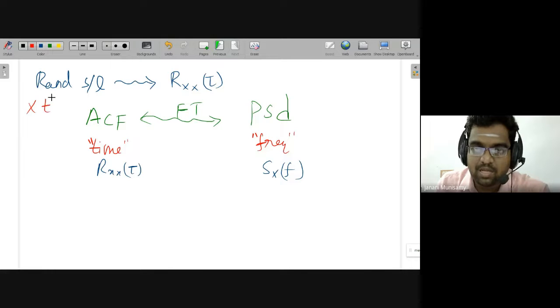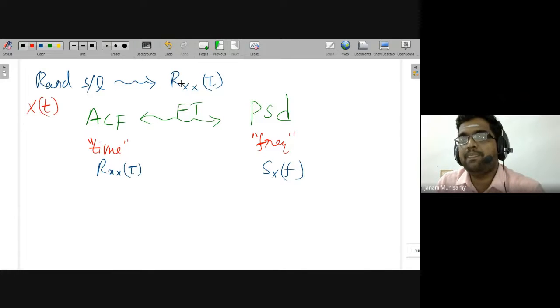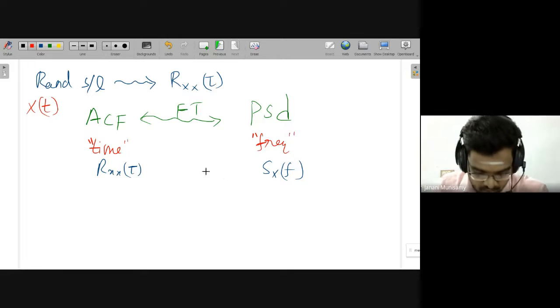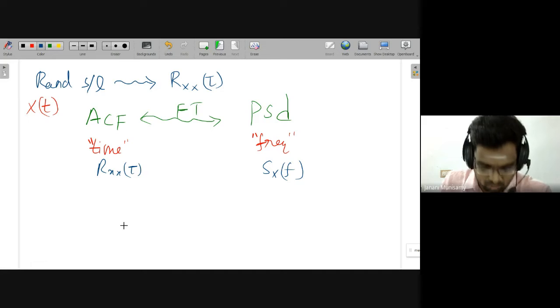Okay, for a random signal capital X of t, I am writing the power spectral density, that's S suffix capital X and then small f. Then we have to write the Fourier transform pair.